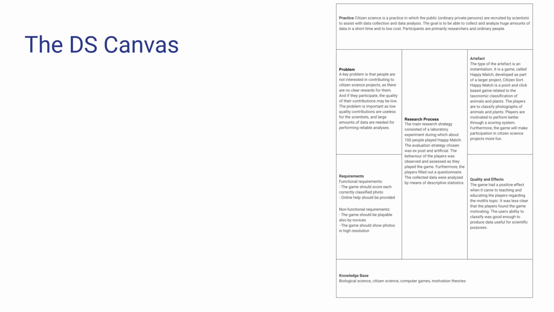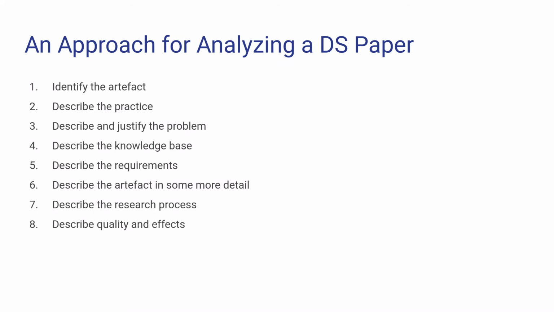And what we are going to do is to try to analyze it and summarize it and describe it and to get this representation in the form of a design science canvas. So this will be our end result. And I suggest here an approach consisting of 8 steps.